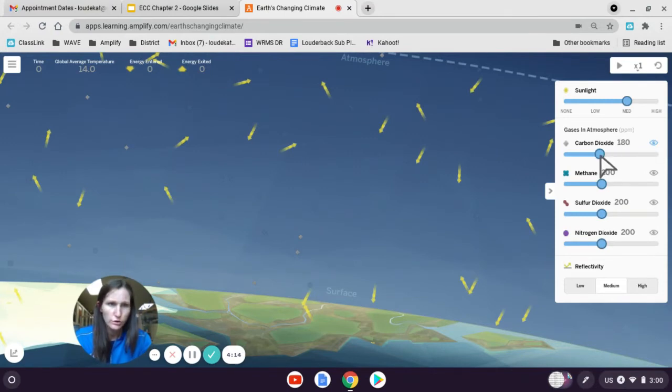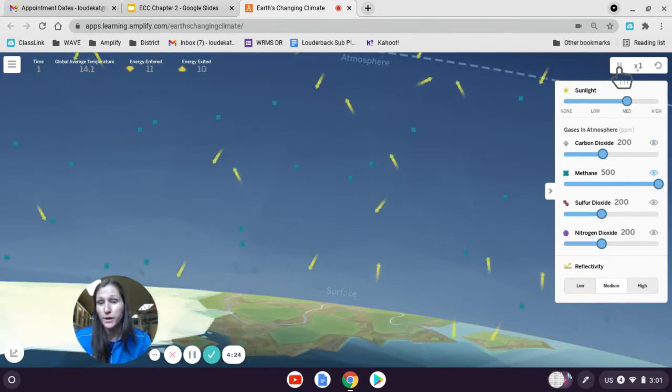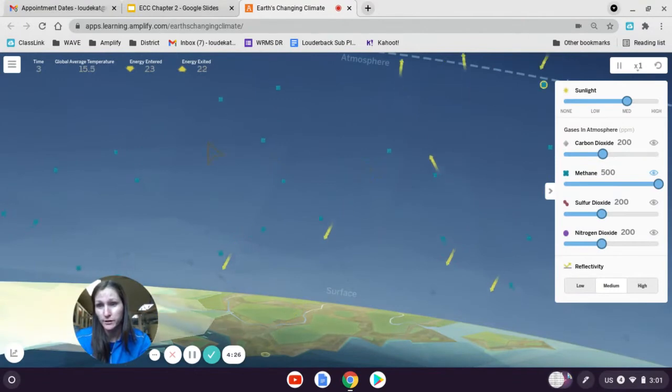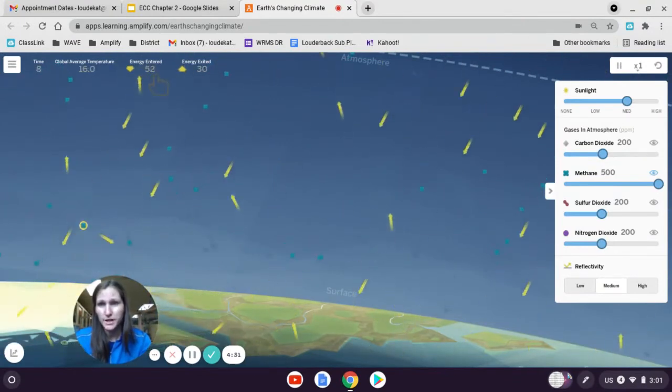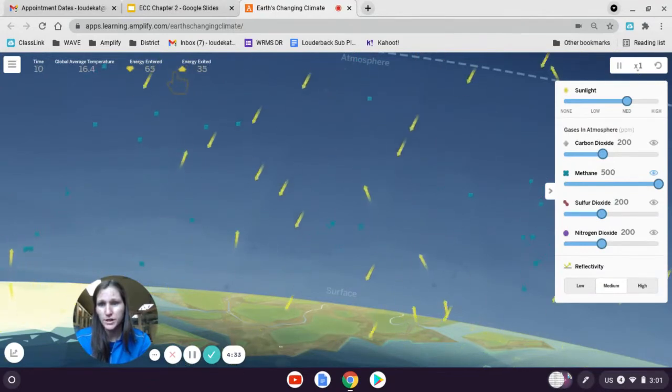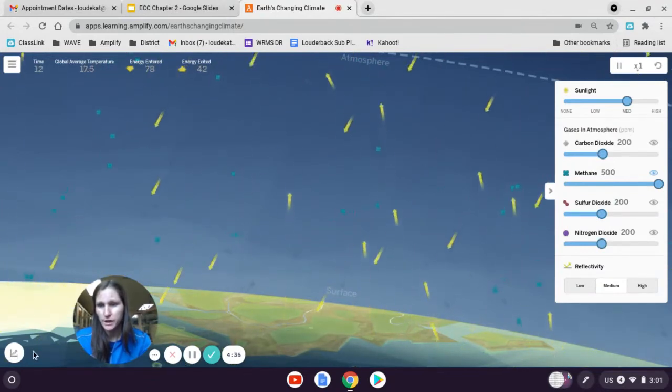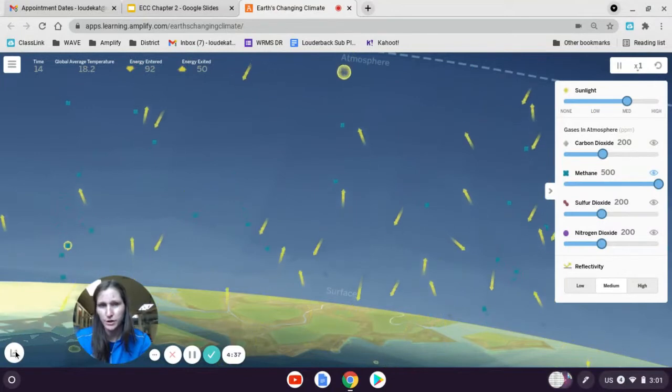Or you could do methane, again to 500. You'll click play, click on the eye icon as well, and run it to 40 again. When it gets to 40, you want to understand what's happening with the energy, and then you'll click here for the graph on the temperature.